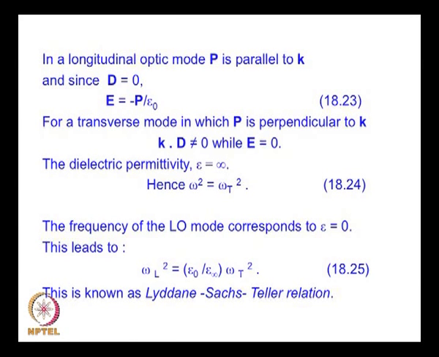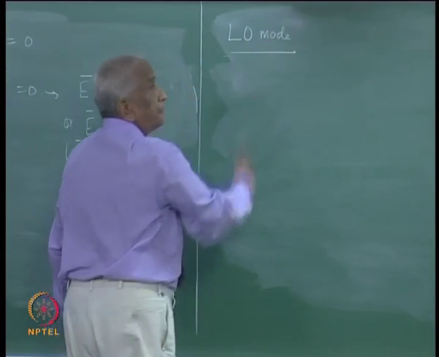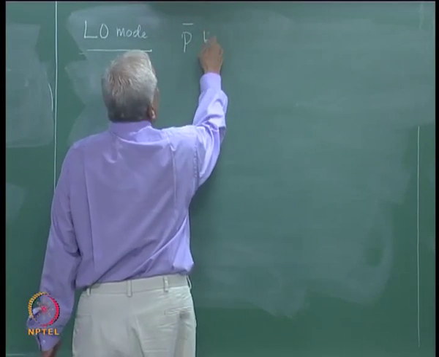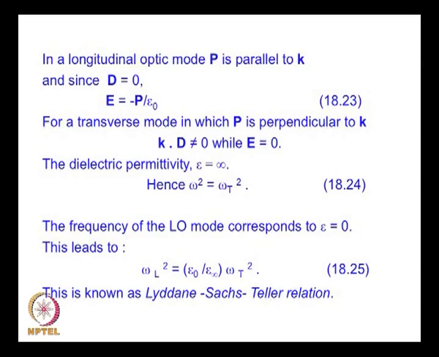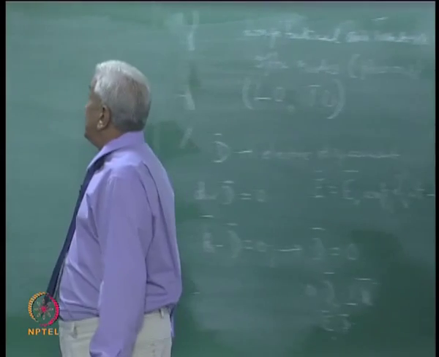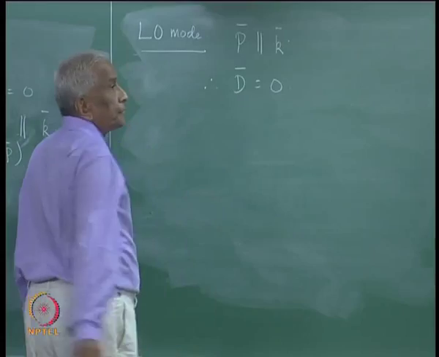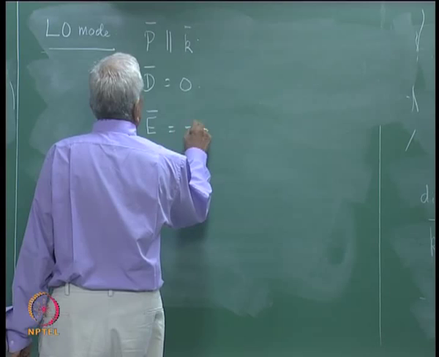Now, we can discuss an LO mode, a longitudinal optic mode. In an LO mode, what happens? It is defined by the polarization being parallel to k. So, if P is parallel to k, naturally this condition is ruled out, therefore, only we have D equal to 0. And therefore, E is minus P by epsilon naught.